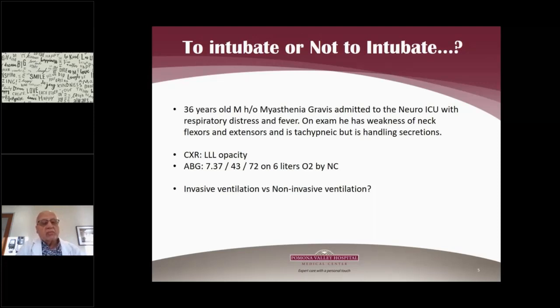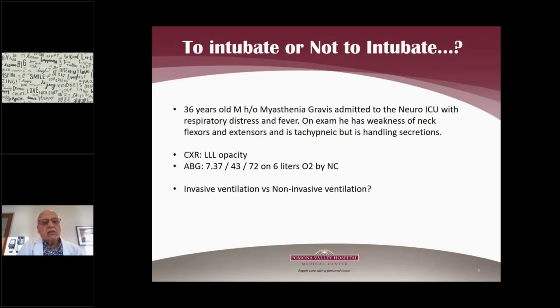This was probably precipitated by a pneumonia. He's got a left lower lobe opacity in his chest x-ray. Arterial blood gases are acceptable, but he is on oxygen at 6 liters nasal cannula. He's not hypercapnic yet, just a slight elevation of the CO2.